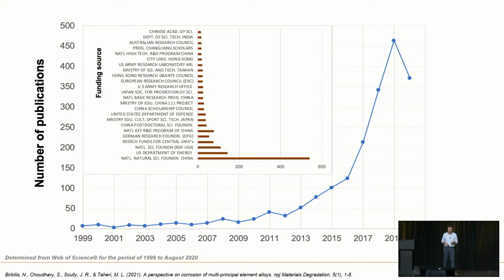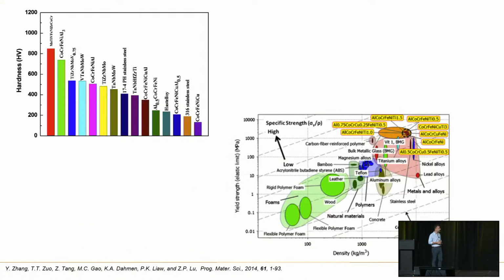We got really interested in these alloys because I've been working in metals for a long time, and we would make a lot of metals, and when I heard as a metallurgist of these systems, I thought, we've got to try this out. Part of the reason it was exciting too was a review by Peter Liaw's group nearly 10 years ago now.